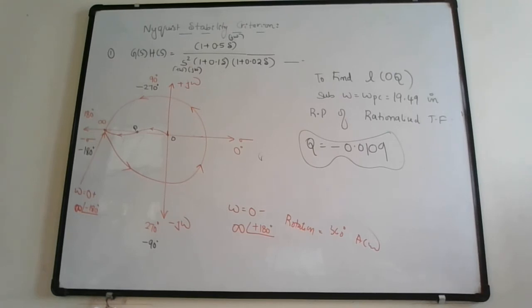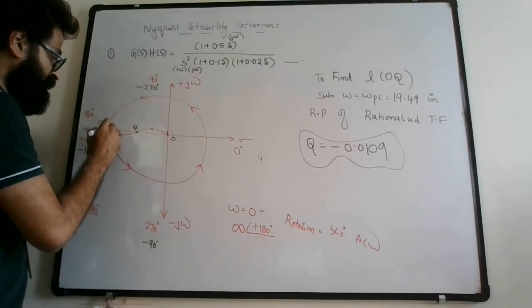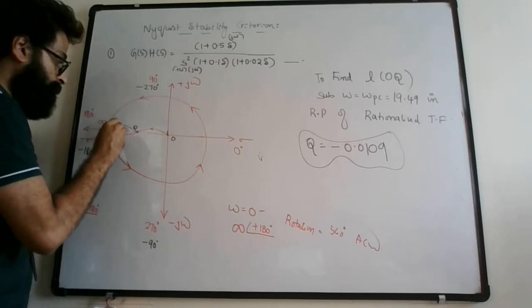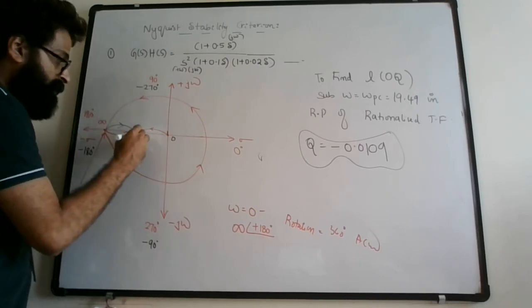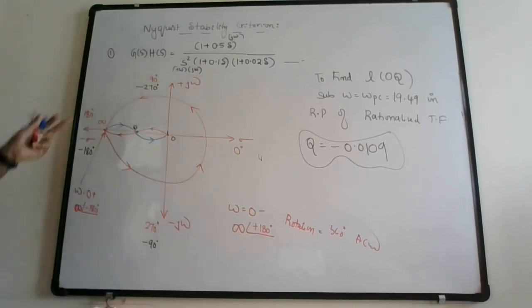And coming back to section 3, as I said in the beginning, section 3 is the mirror image of section 1. So basically, after reaching here, it goes something like this. That is mirror image of this, and the mirror image of the upper. So this is your Nyquist plot. Okay.